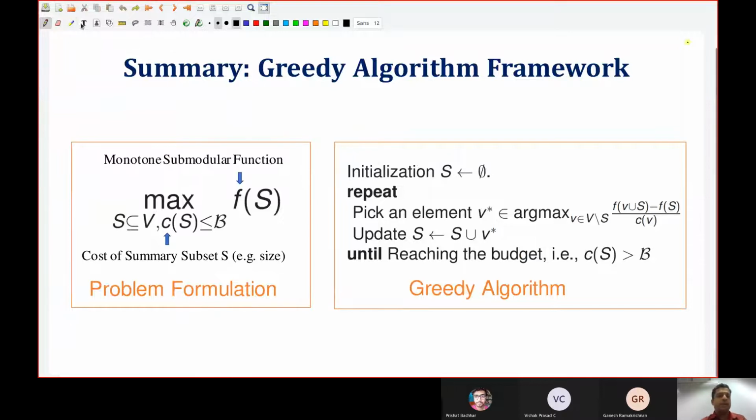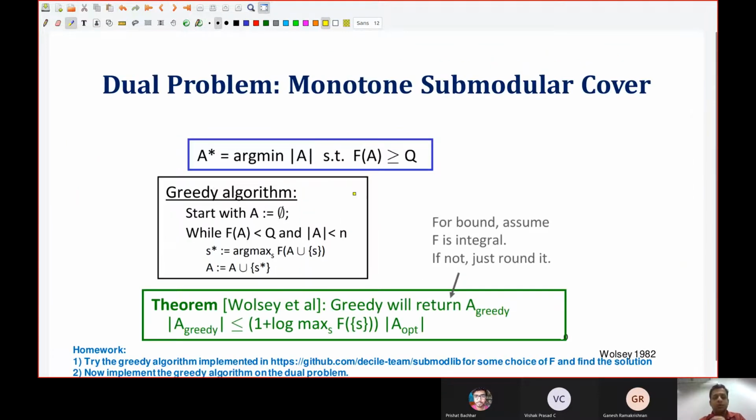So either you maximize the conditional gain itself or conditional gain relative to unit cost. Okay, and I had left you with a homework problem.